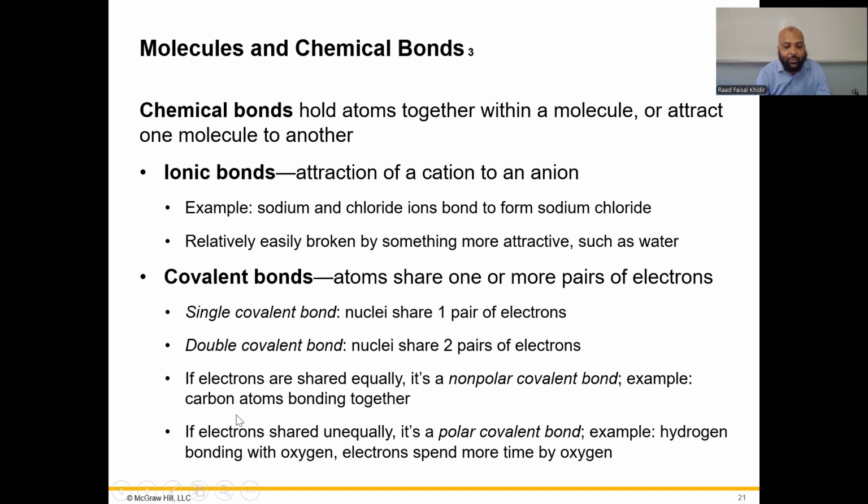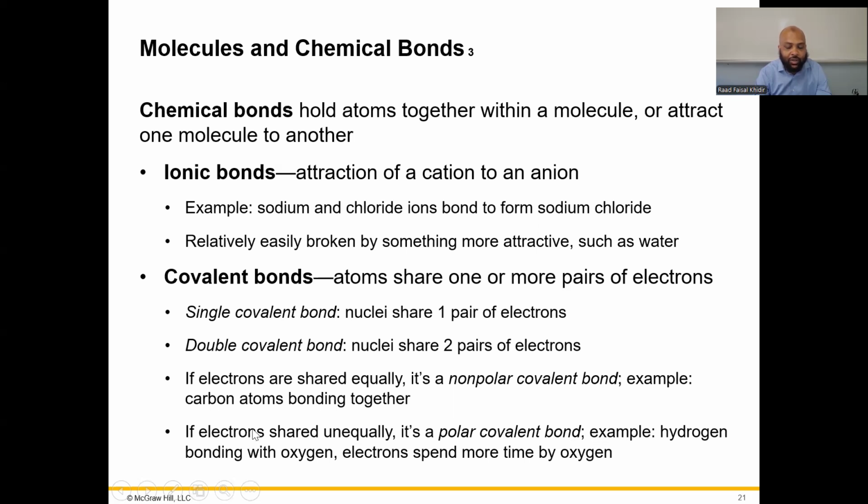An example of that would be carbon atoms bonding together. But if electrons are shared unequally, so one has more of the electrons in the bond than the other, that is known as a polar covalent bond.